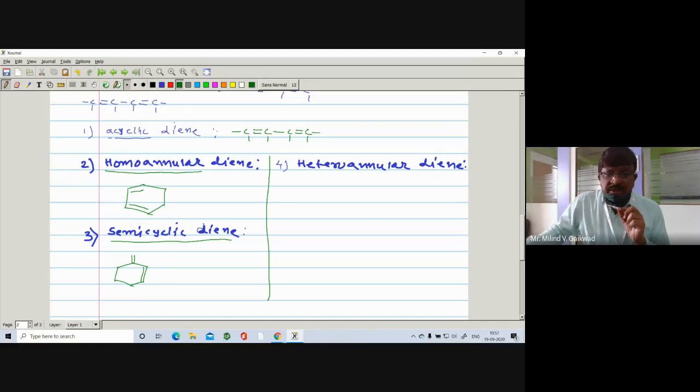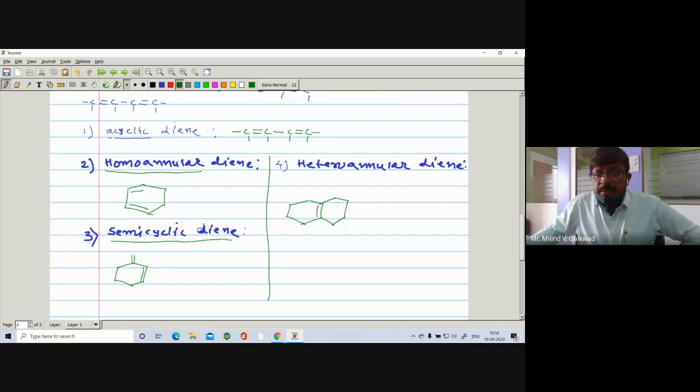Suppose you have a ring compound, and again another ring compound. Here one pi bond is present in this ring, a single bond, and here also a pi bond. You'll find that the two pi bonds are in conjugation, but they are not present in the same ring. They are present in different rings. Hetero means different. They are called a heteroannular diene.